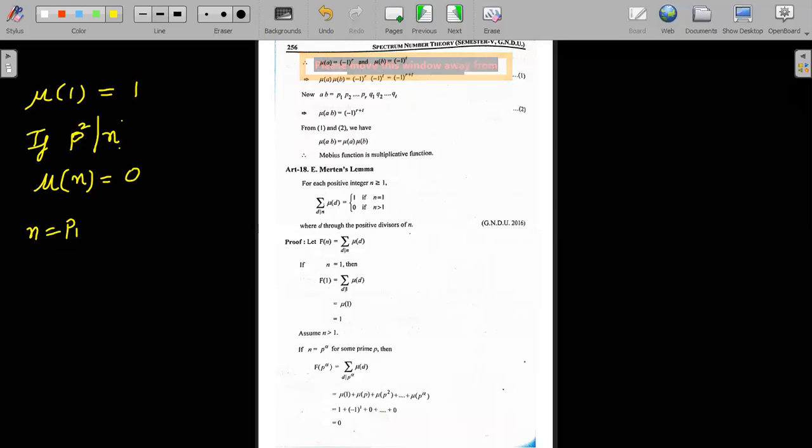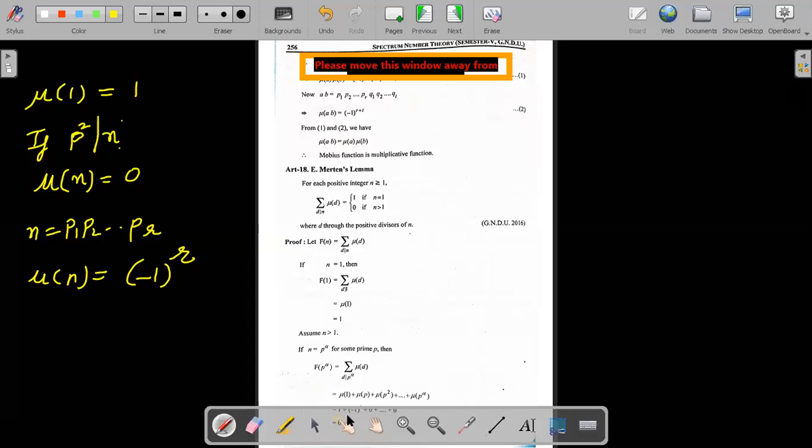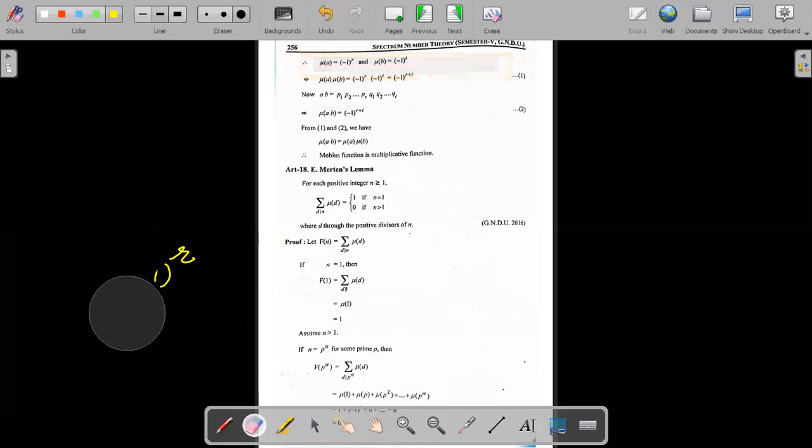And further, अगर n is p1 p2 product of distinct primes, then mu of n is equal to minus 1. कितने प्राइम्स है इसमें, इसमें r प्राइम्स है, right? And just now we have shown that this function, Mobius function mu, is a multiplicative function. कि अगर कोई दो numbers हैं जिनका GCD 1 है, then in that case mu of AB is equal to mu of A into mu of B, right?